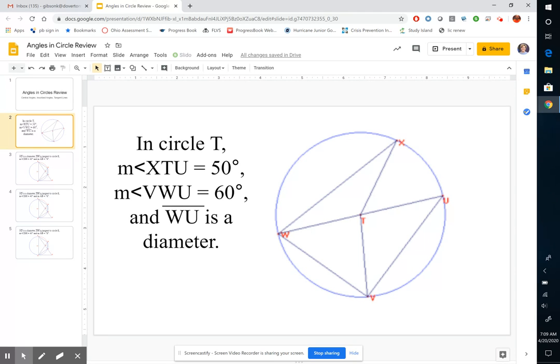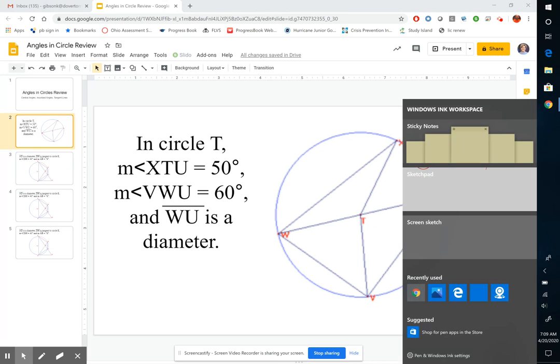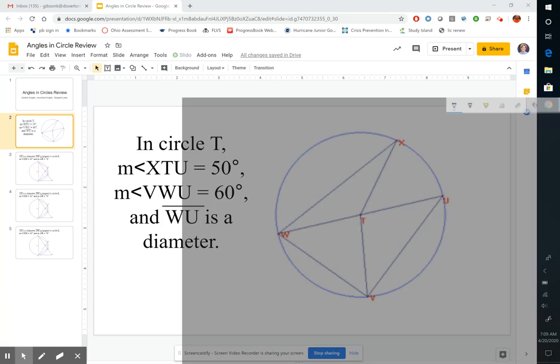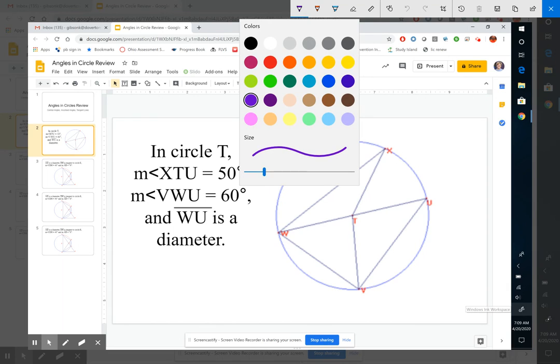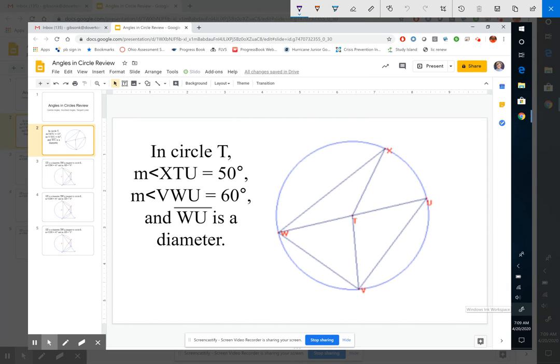Okay, so in our first circle, we have circle T here. And we know that the measure of angle XTU, let's label that, is 50 degrees.